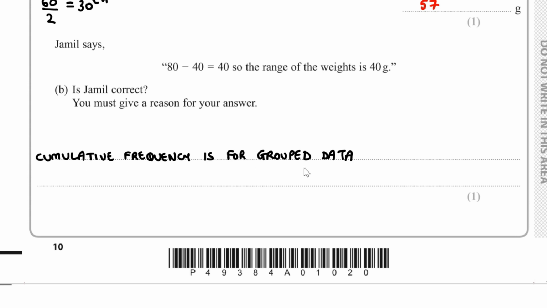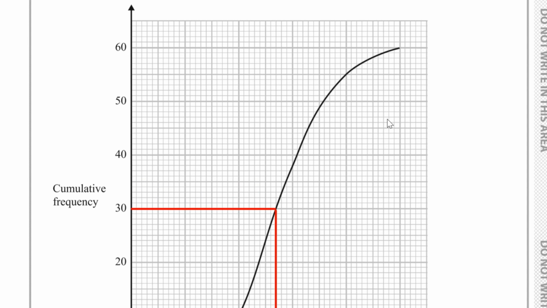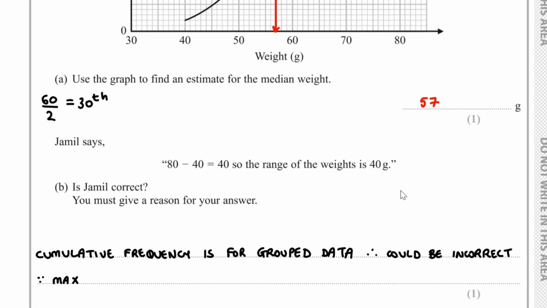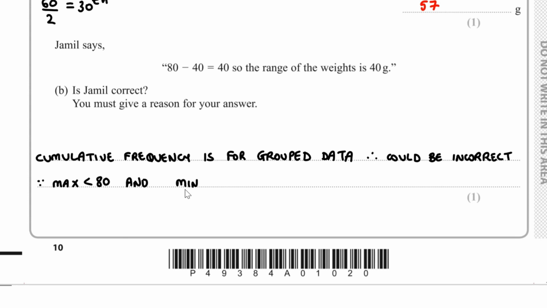Cumulative frequency is for grouped data, and therefore he could be incorrect because the maximum, if we look over here, is less than 80, which corresponds to this weight over here, and the minimum, if we take it over here, is less than 40.